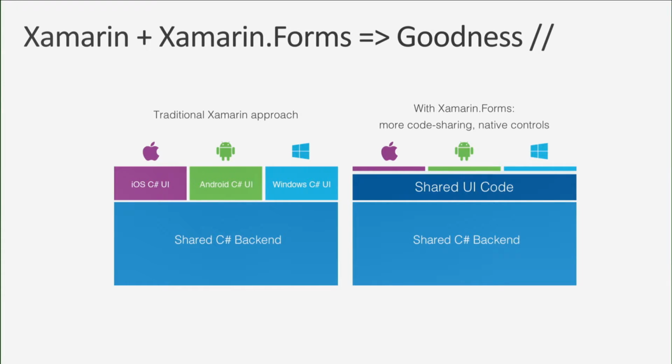Xamarin.Forms allows you to get there a little bit quicker because now, besides the 75% shared backend, you also have an extra maybe 20% of shared UI. This now gets you to a place where you're able to reach your goal a lot quicker because it's only the minute nuances that you'll have to correct for, or adjust for, I should say, in your UI.